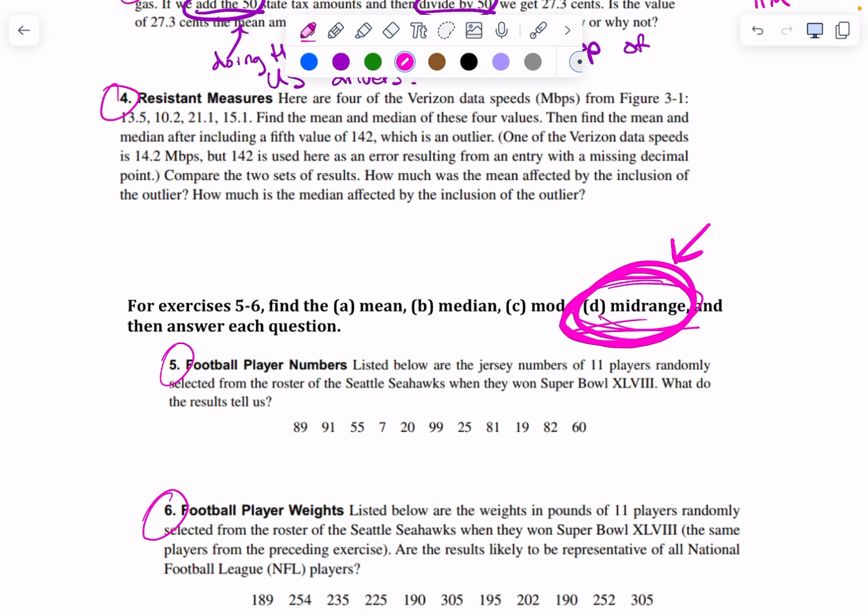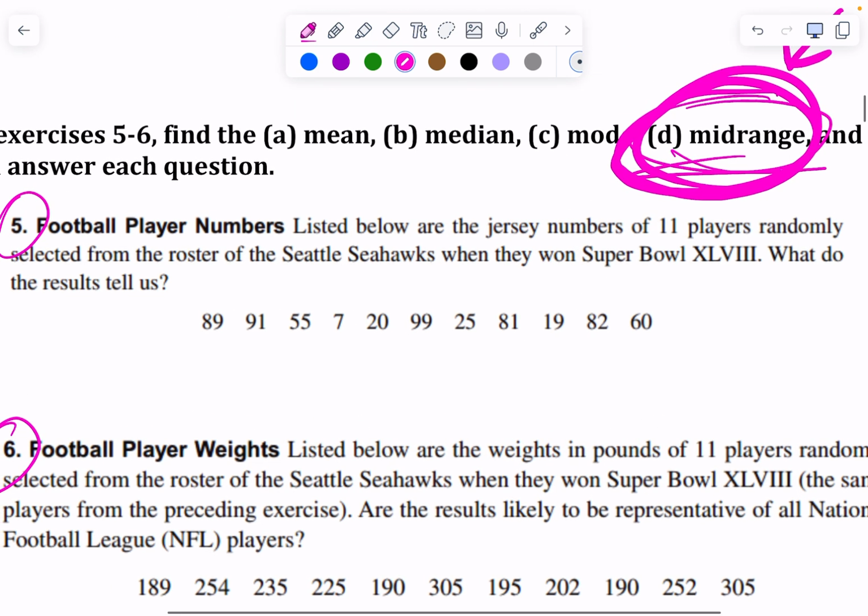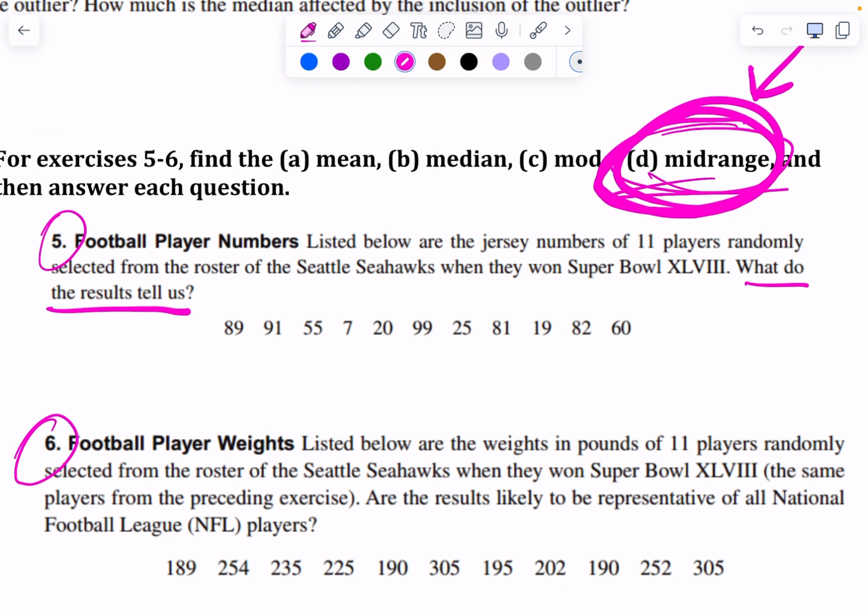I want you to go ahead and do it, just to practice. But what do these results tell us? Nothing, because mean, median, and mode don't mean anything for football jersey numbers. When you're doing the median, you have to put them in order. Mean you don't, mode you don't, mid-range you do.